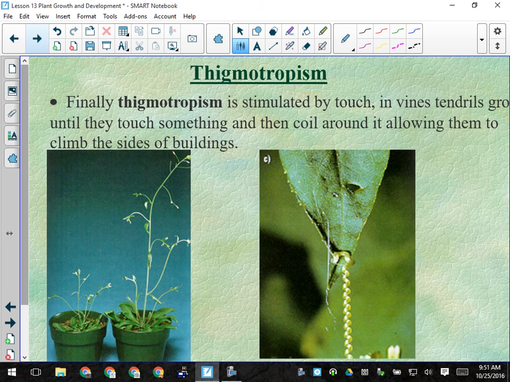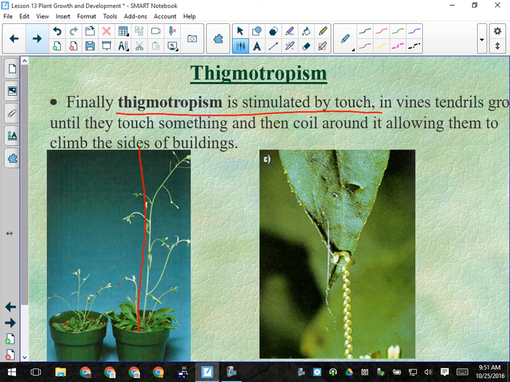Okay, and lastly is thigmotropism, which is a growth response to touch. Normally this, I don't know, it's chickweed or something, would only grow about this tall. But this chickweed has grown really tall because there was a stick in that pot holding up that plant.